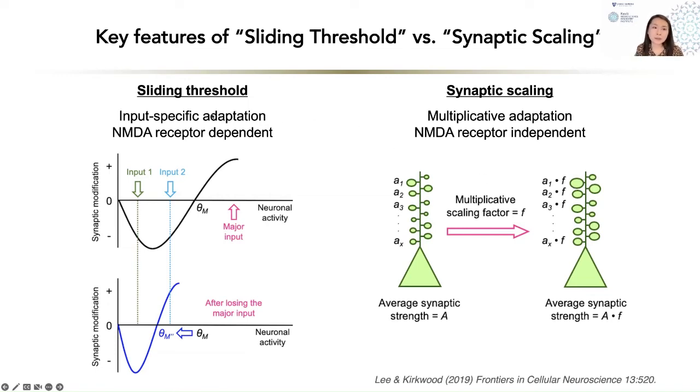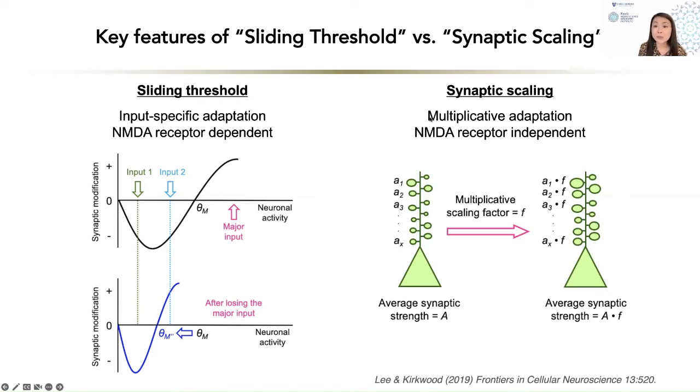So there's input-specific adaptation here, whereas this will not be input-specific. The other major difference is that the sliding threshold still acts on LTD and LTP, which is NMDA receptor dependent. So the outcome of the synaptic change would still depend on NMDA receptors, whereas in the synaptic scaling model, these changes have actually been demonstrated to occur independently of NMDA receptors.